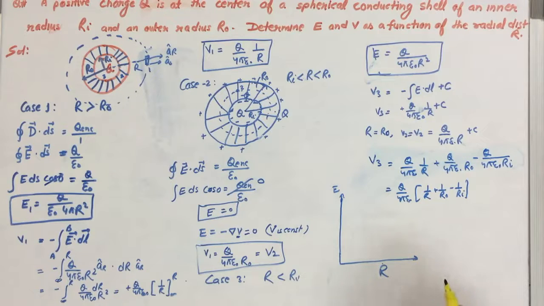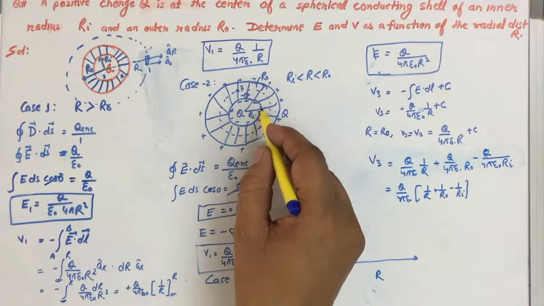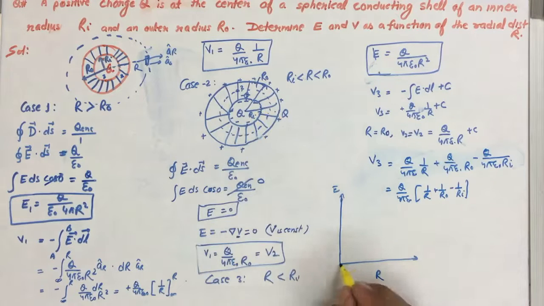Now let us plot E versus the distance. The critical distances are 0 to ri, ri to r naught, and r naught onward.